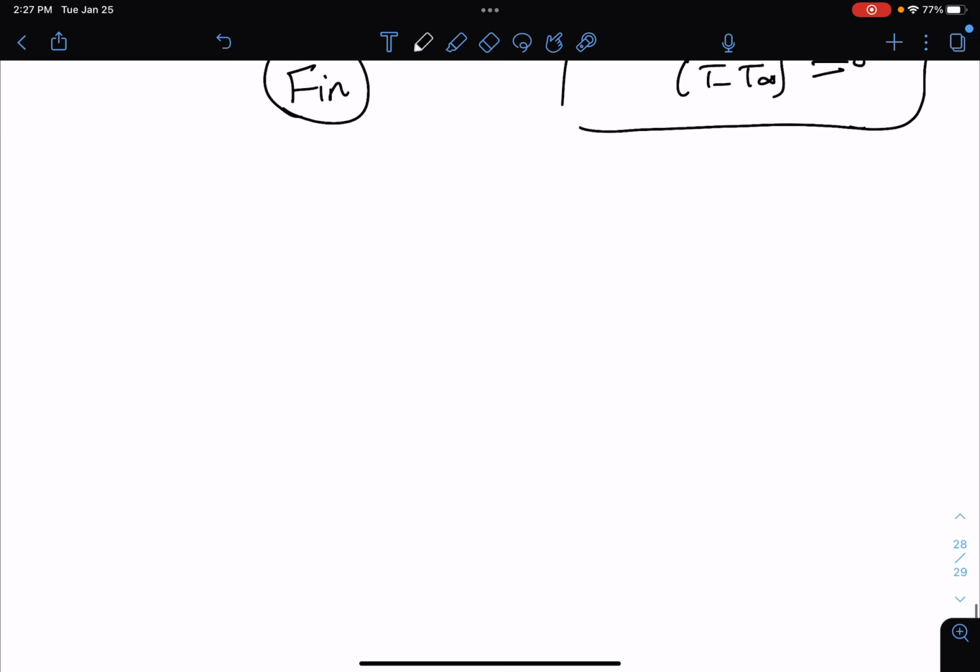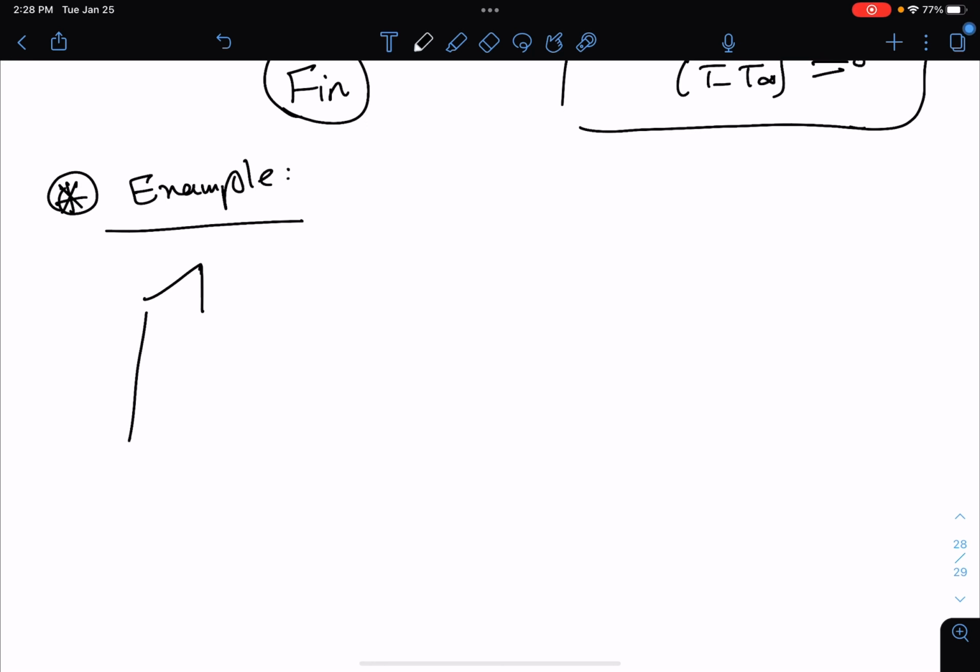Let's solve an example. We are going to solve a fin example first, and then we're gonna go back and solve another example with the thermal resistance. Let's say we have a rectangular fin.